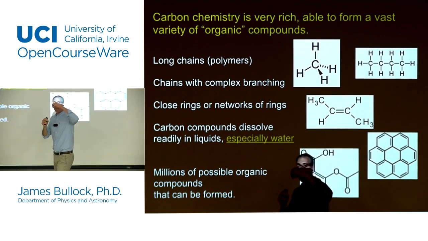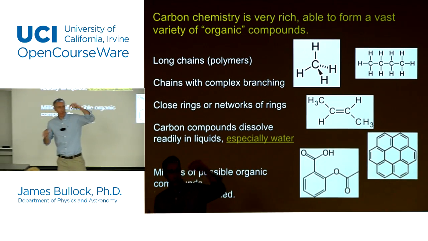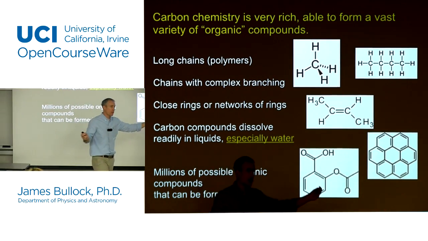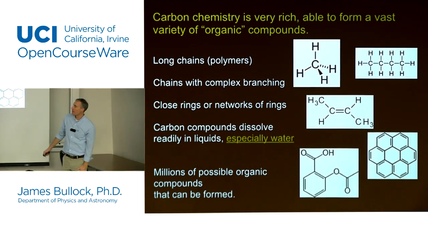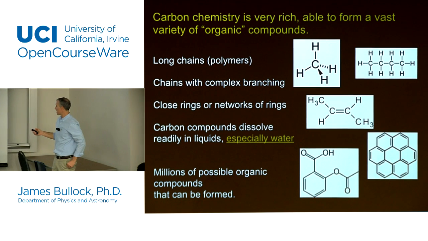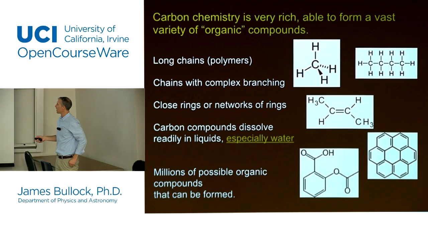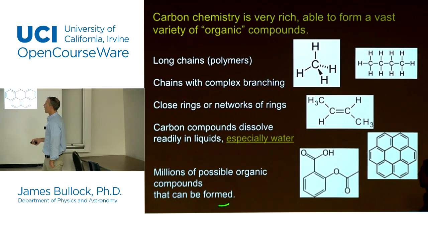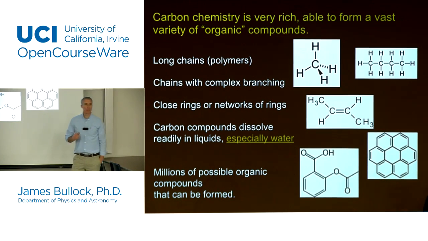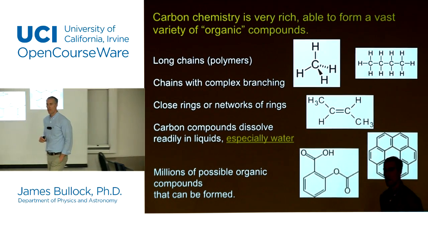You can build long networks of carbon molecules, very, very long carbon-based molecules that string out. You can form rings. And the other nice thing about carbon compounds is they tend to dissolve readily in water. And so that's good for life too, all right? There are millions and millions of possible compounds with carbon as the base.